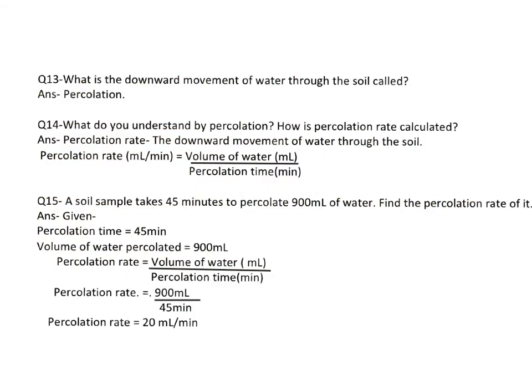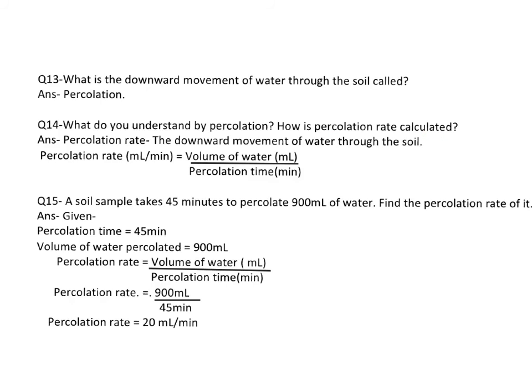Children, now you can pause the video and write these question answers in the notebook. The first question for today is, what is the downward movement of water through the soil called? I hope you all can give the answer to this question, and the answer is percolation. The next question, what do you understand by percolation? How is percolation rate calculated?